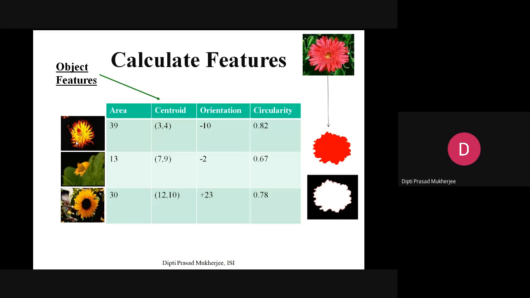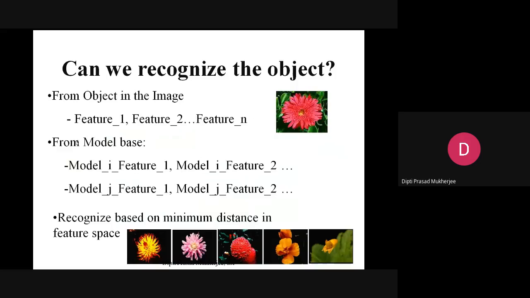And that's what we did in the next slide. My question here is now, can we recognize the object? Yes, we can recognize the object. Here, the object means the unknown. I calculate feature 1, feature 2, feature 3, feature 4 up to feature n.